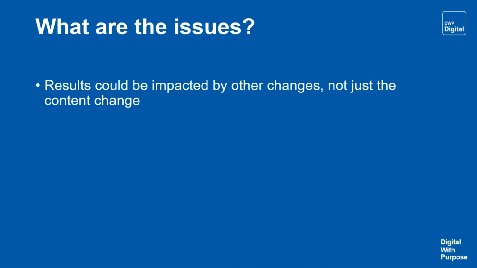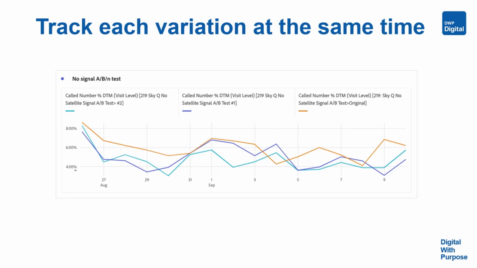You can see here, and I should say that this is not real data on this slide, I've just made it for illustration purposes, that by running all of the tests at the same time, you can see in real time that we're getting different results for each variation, and we can see all of them together in the same conditions.